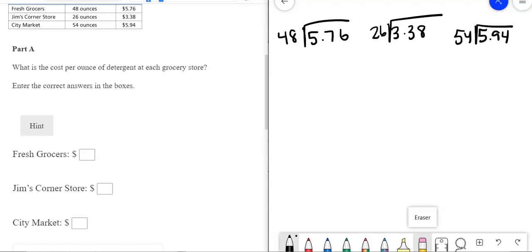So I got all this information from the chart over here. 576 divided by 48, 338 divided by 26, and 594 divided by 54. Then I move my decimal up. 48 goes into 57 once, because that is 48. 57 minus 48 is 9. I'm going to bring down the 6, and 48 times 2 is 96.